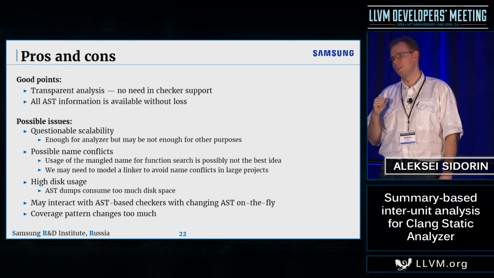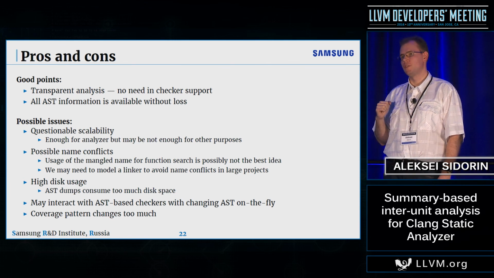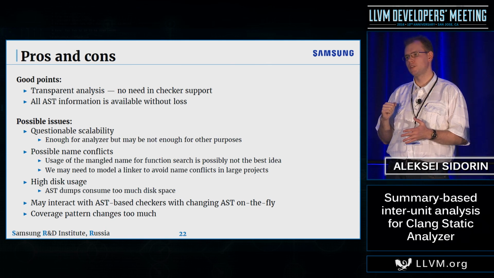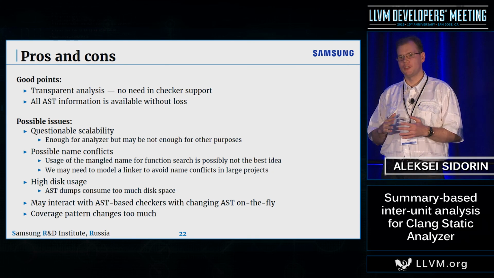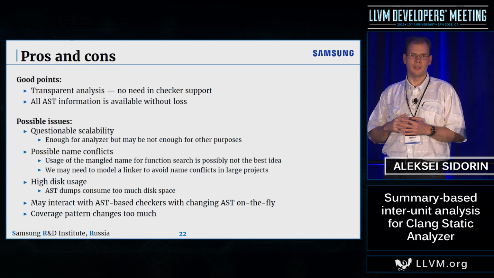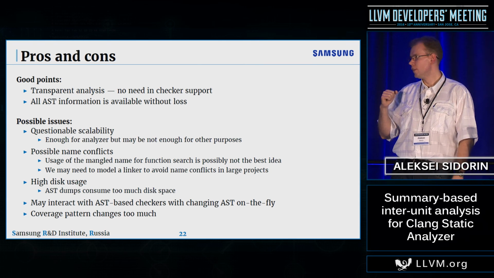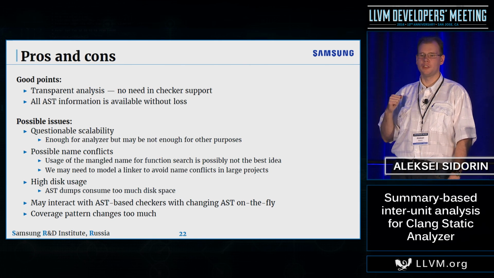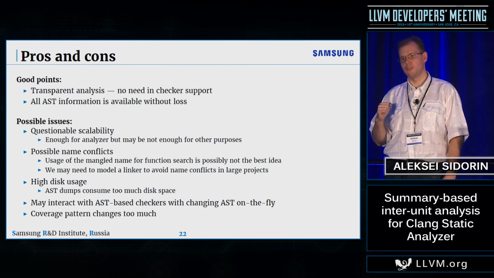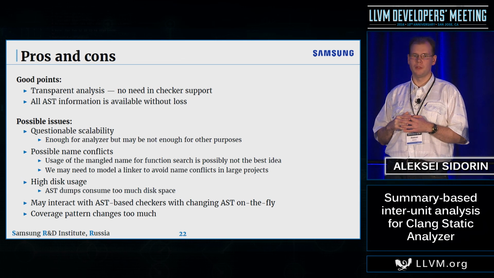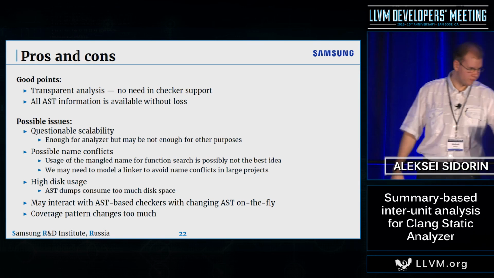And finally, Aleksei's team reported that if we're using inlining with XTU, the coverage pattern changes a lot. Inlining does not scale well, as we know, so many basic blocks at the end of functions become unreachable. However, they reported that even despite the coverage loss, the amount of warnings is still greater.